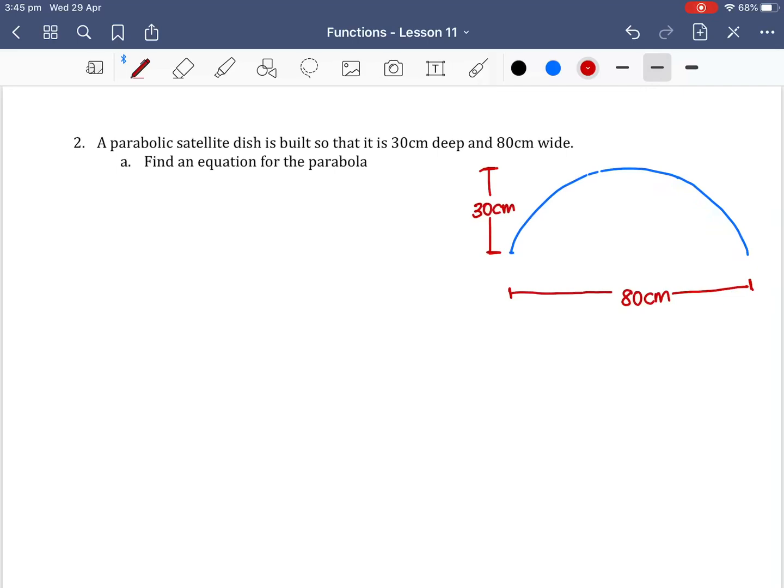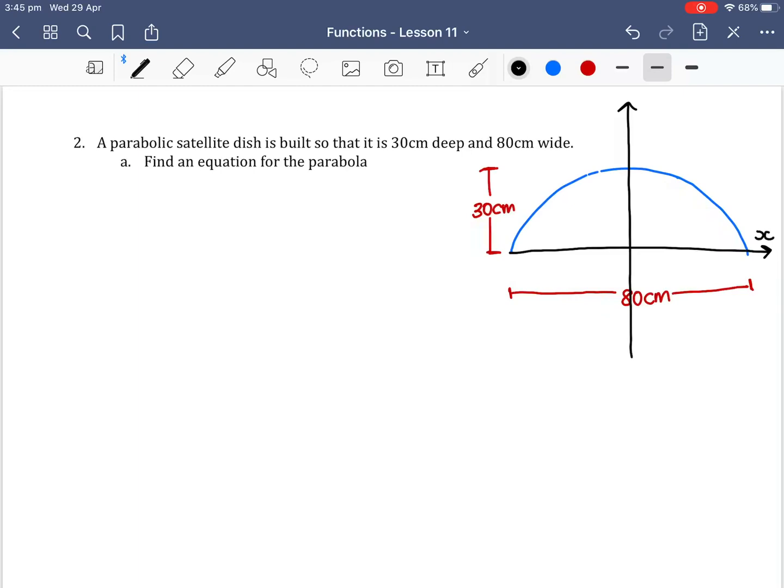So because we have a parabola, we can put it on a coordinate plane. So we're going to draw our coordinate plane, and we have our y and our x.